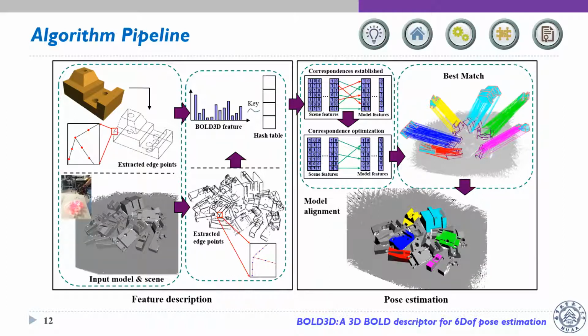As mentioned above, the BOLD 3D descriptor is designed on the edge of models. Thus, to build the BOLD 3D descriptor, we should extract the edge of the object we are interested in. To this end, we use the SSI approach, which is proposed by the work titled above. After the edge has been extracted, we utilize the Poisson disk sampling algorithm to simplify the edge point cloud.